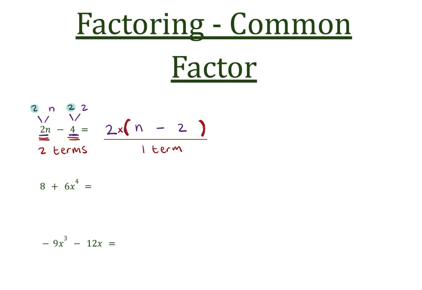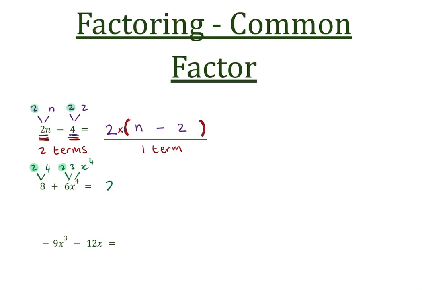So let's take the factors of the next one. Here I have 6x to the power 4 and 8. The factors of 6 are 2 and 3, and the factors of x to the power 4 would just be x to the power 4. The factors of 8 are 2 and 4, and we can see that I have a common factor of 2 for both of them.